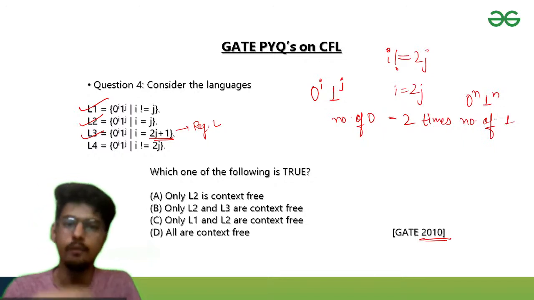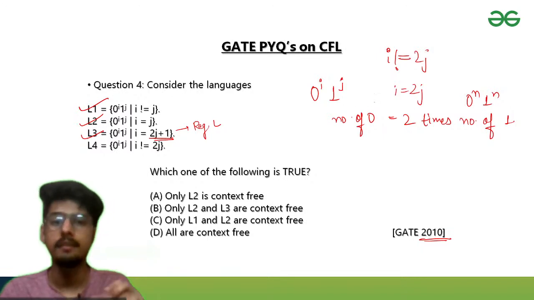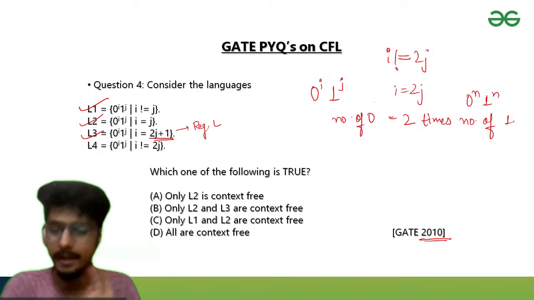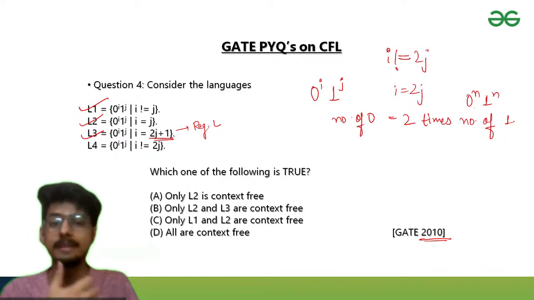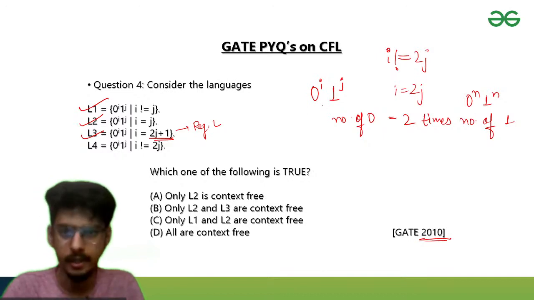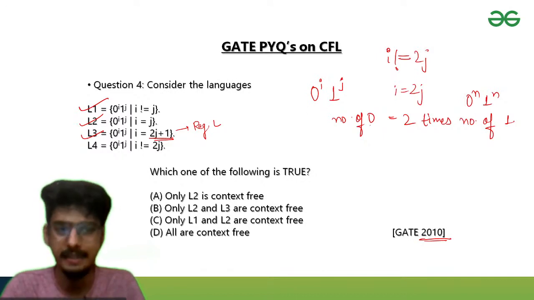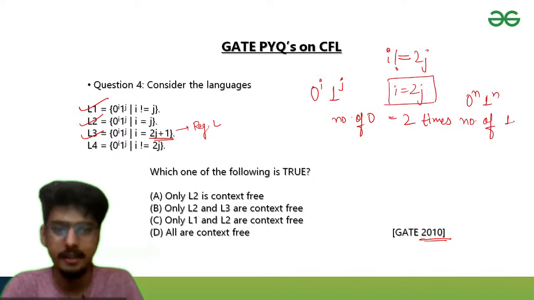So for every 0, first you will push 0 into the stack, and then for every 2 1s, sorry, after seeing every 2 0s, you will push 1 0 into the stack, because the number of 0 is greater than the number of 1. If it was i equal to 2j, I am just telling you the approach.